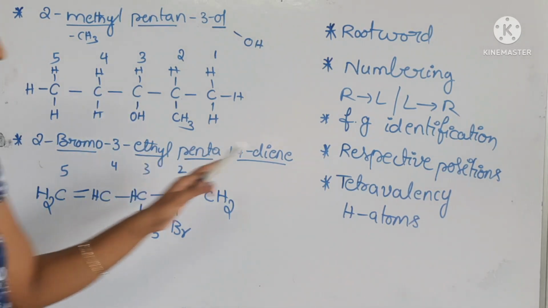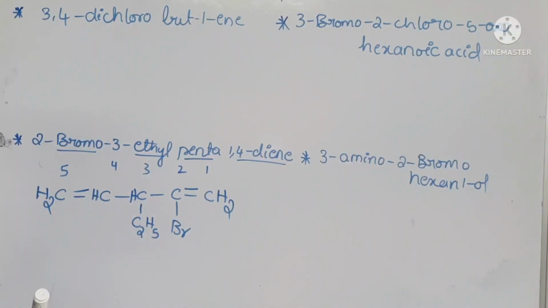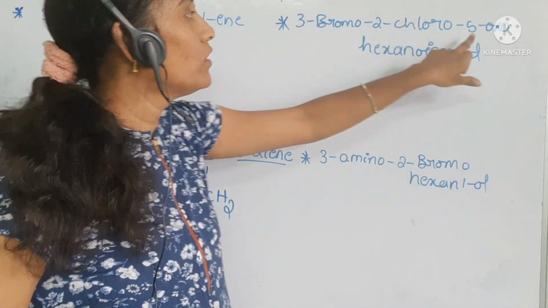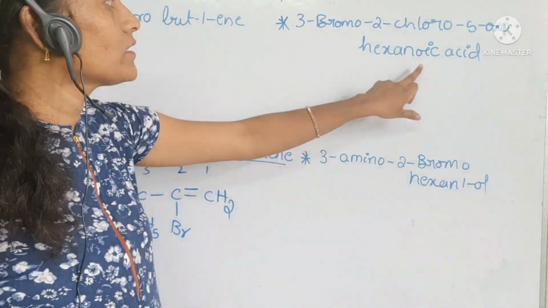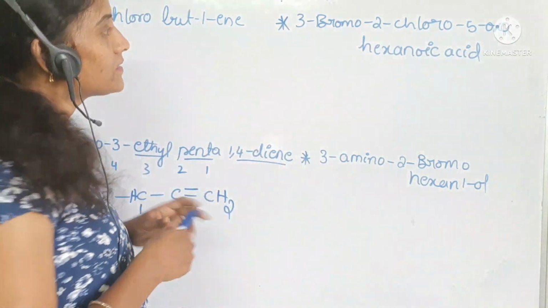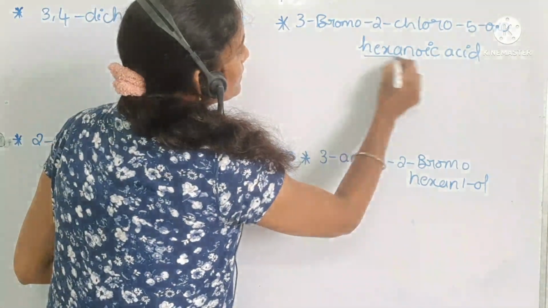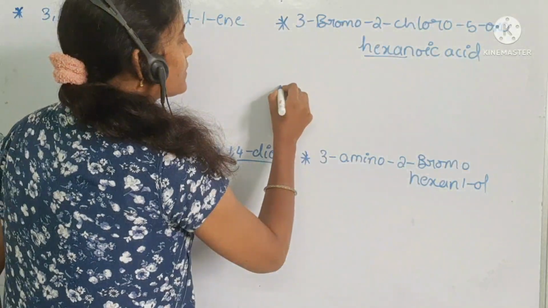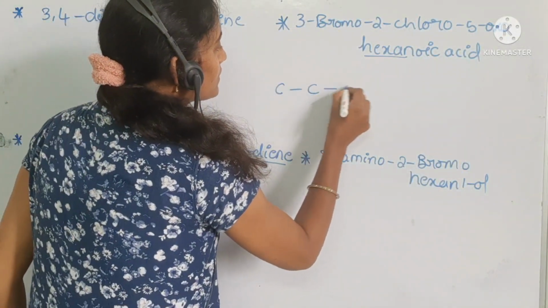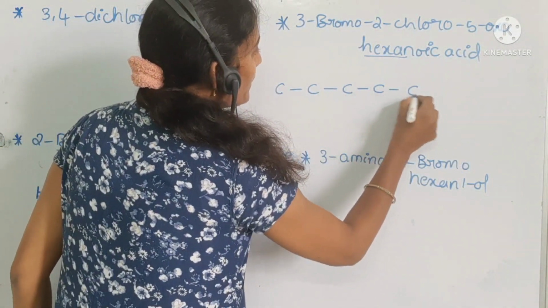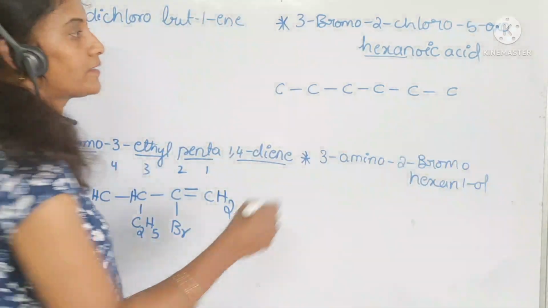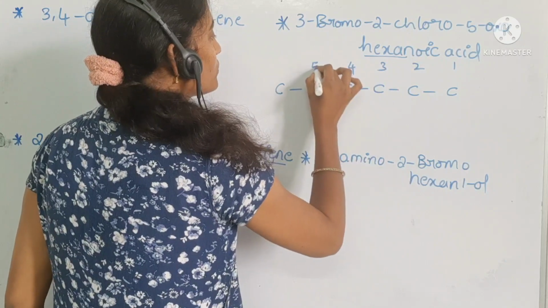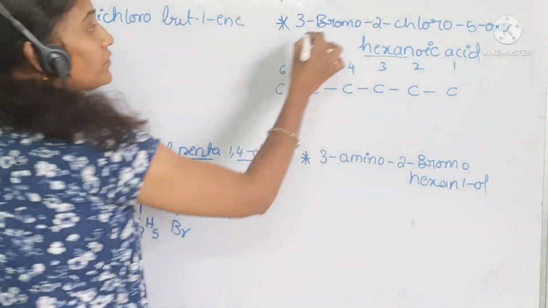You can see some more examples. See, the next example is 3-bromo 2-chloro 5-oxo hexanoic acid. Okay, see here hexane is the root word, so you can write carbon atoms: meth, eth, prop, but, pent, hex. 6 carbon atoms. You can give numbering 1, 2, 3, 4, 5, 6. After that, functional groups.